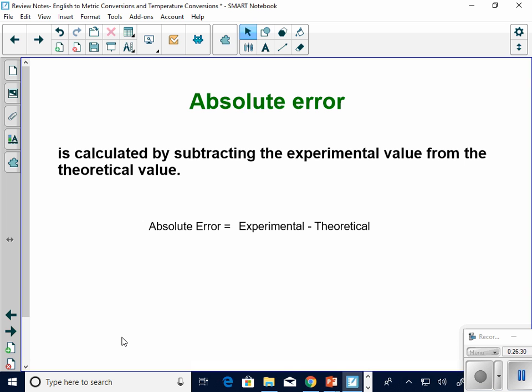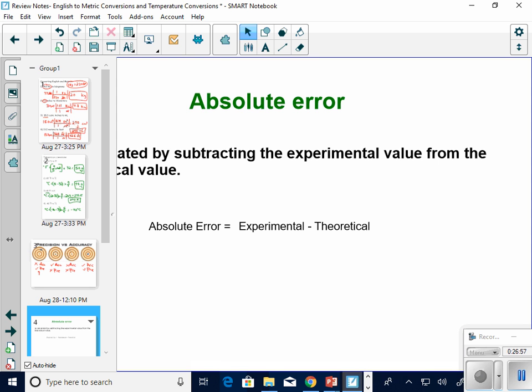These weren't on the video, so make sure you copy this down. The absolute error is calculated by subtracting the experimental value from the theoretical value. It's also maybe called the accepted value. So absolute error is equal to experimental minus theoretical.